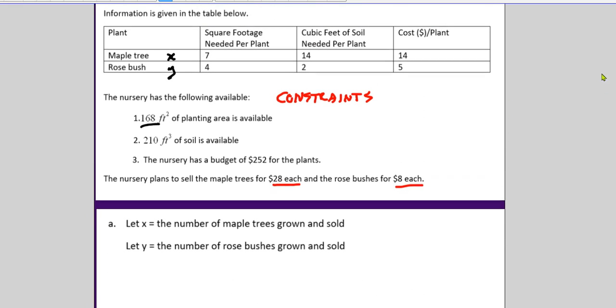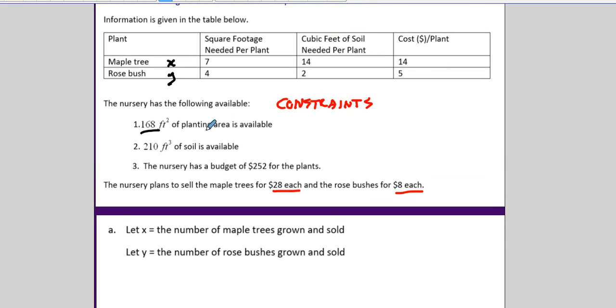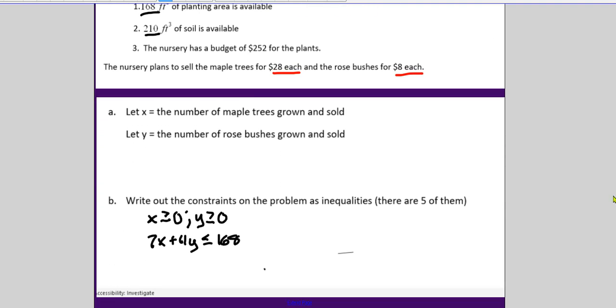Now for the cubic feet of soil, we have 210 cubic feet. We need 14 for each maple tree and 2 for each rose bush, so that's 14X plus 2Y less than or equal to 210.